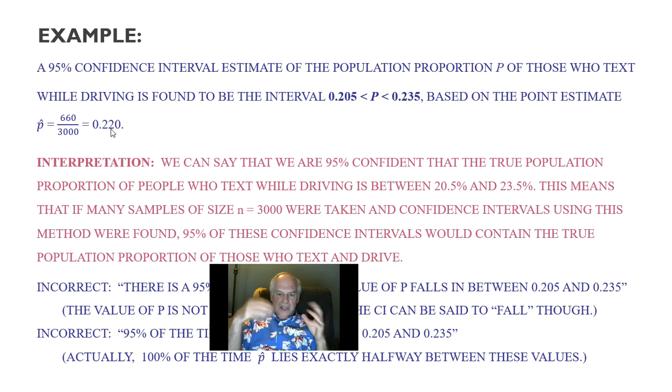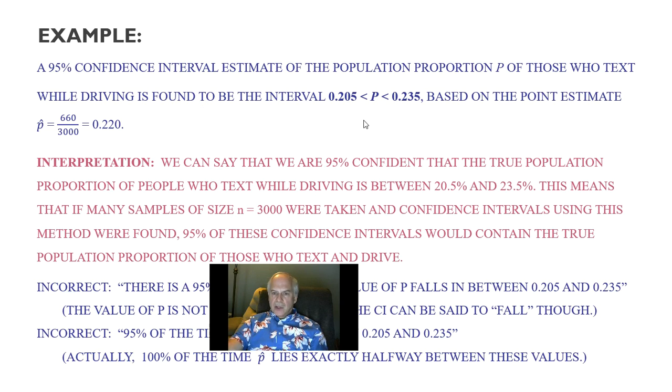So this is a yes-no situation where you're only getting qualitative data, and then you take how many said yes out of the total number in the sample, and it gives you what's called a sample proportion. So that means 22% text while driving, or admit that they text while driving.